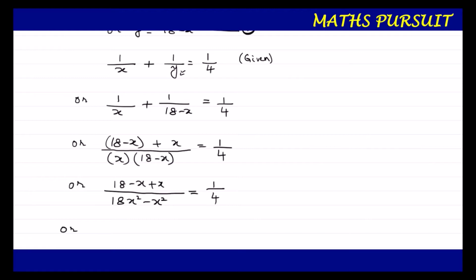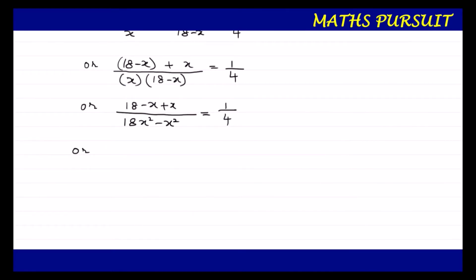Or I can write the above equation as 18 upon 18x minus x to the power 2. Here it should be 18x, not 18x to the power 2, because if I multiply x into 18, I will get 18x minus x to the power 2, is equal to 1 upon 4.